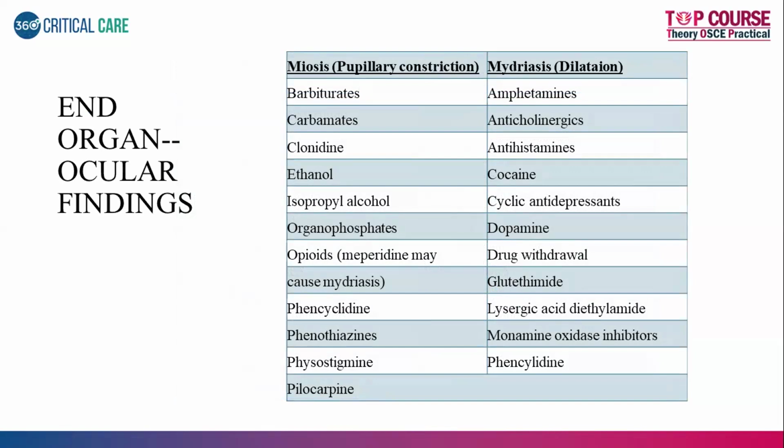Second is your end organ signs, which I've already mentioned. So we'll see which of these drugs cause the end organ findings. First one is your ocular findings. Here you should know which drugs cause miosis and which cause mydriasis. Miosis, pupillary constriction, is most commonly caused by barbiturates, OP compounds, carbamates, all types of alcohols, and physostigmine.